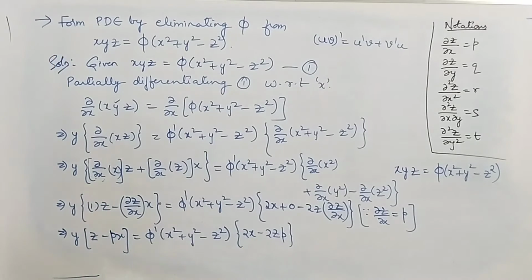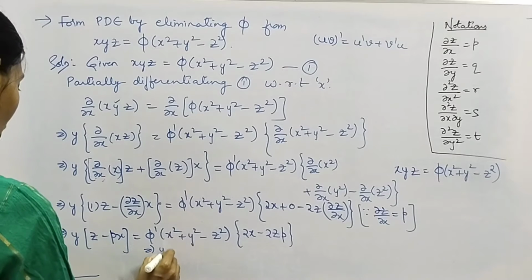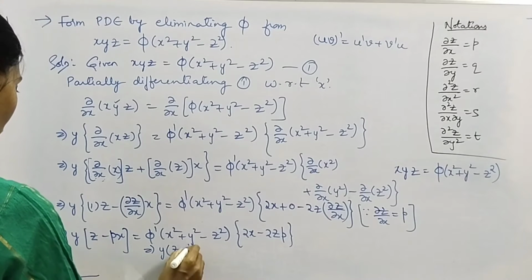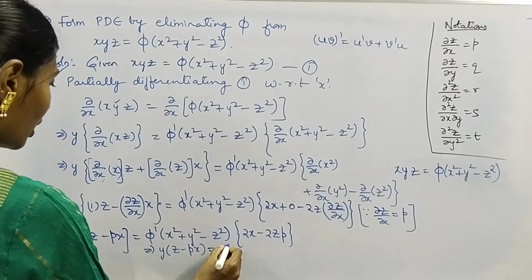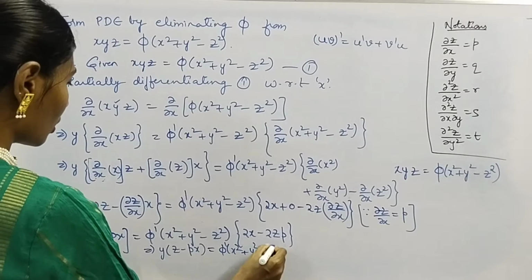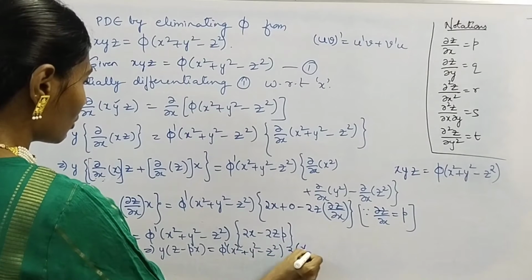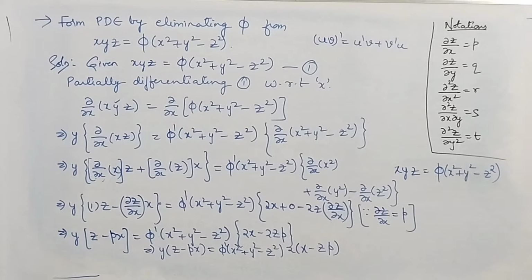Now take 2 common from these two terms, and you'll get y times z minus px equal to phi dash of x square plus y square minus z square into 2 times x minus zp. Consider it as equation number 2.